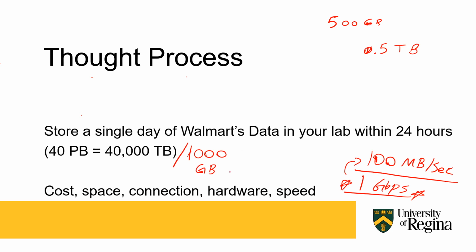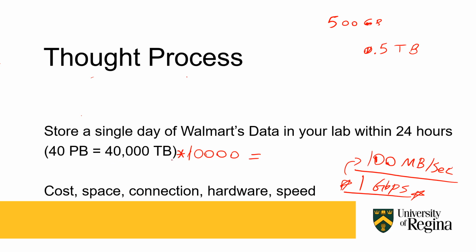So if I divide it by another 0, this is going to tell us how many 100 megabytes per second we need to get. It's actually, sorry, that's kind of a multiplication. Yep.